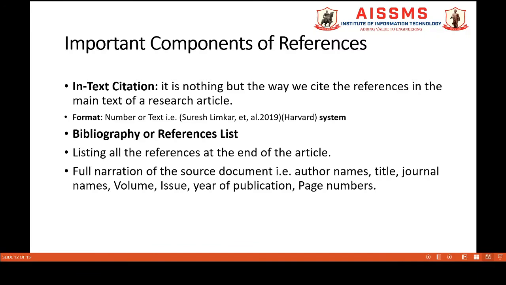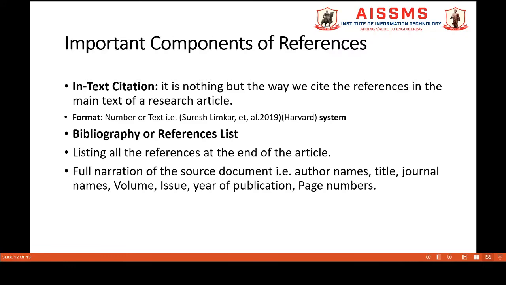There are two most common in-text citation formats. The first is a number and the second is text. Most of the time numbers are written in opening and closing square brackets.